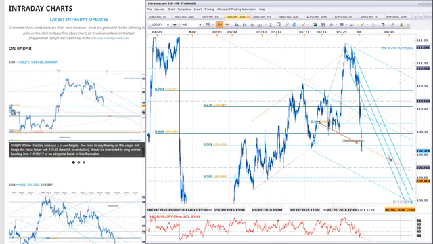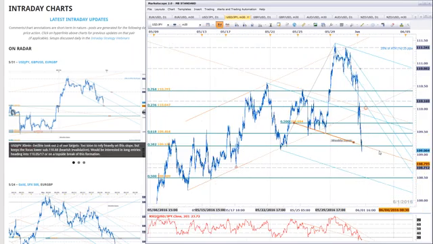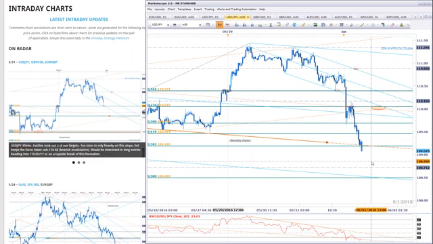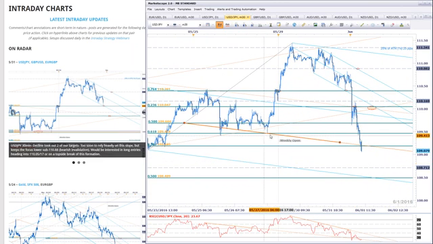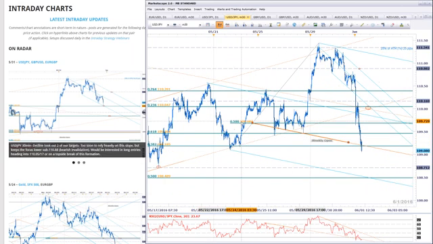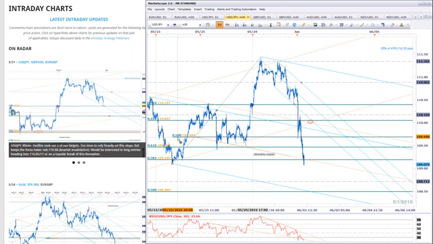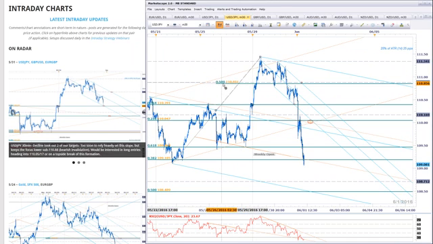We're trying to break below. Does have some merit. All right, we'll leave it for now.